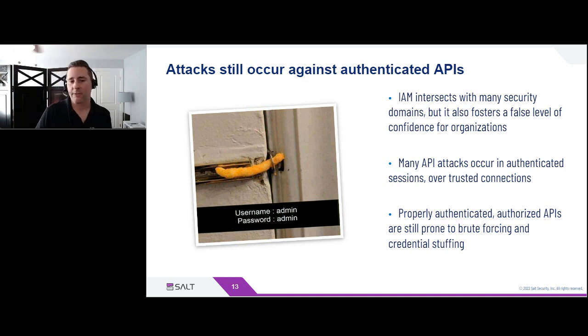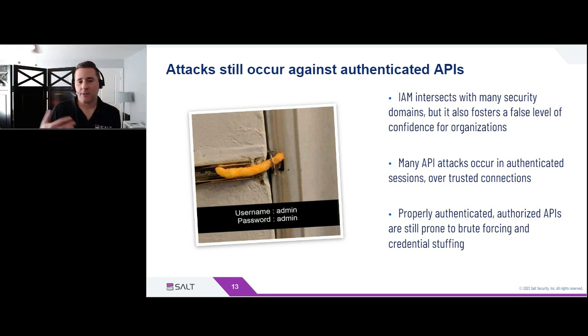What happens if an attacker compromises some user session? It's outside the scope of identity and access management, but it's still a problem for API security. Many of the API attacks we see actually occur in authenticated sessions. So an attacker has compromised that session in some way. Maybe they've hijacked the mobile application.